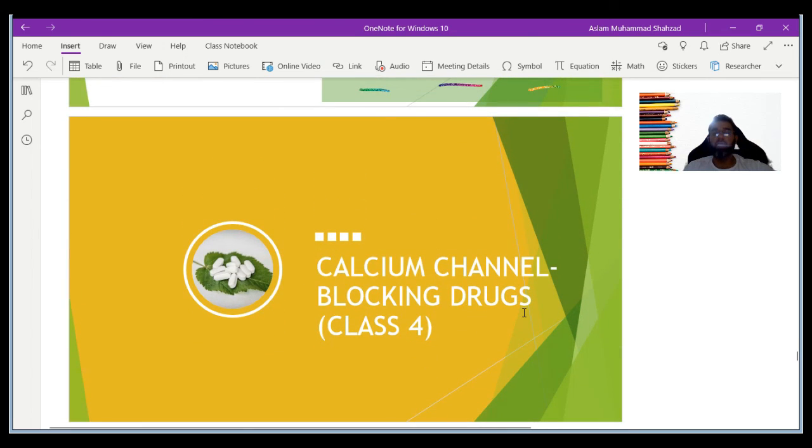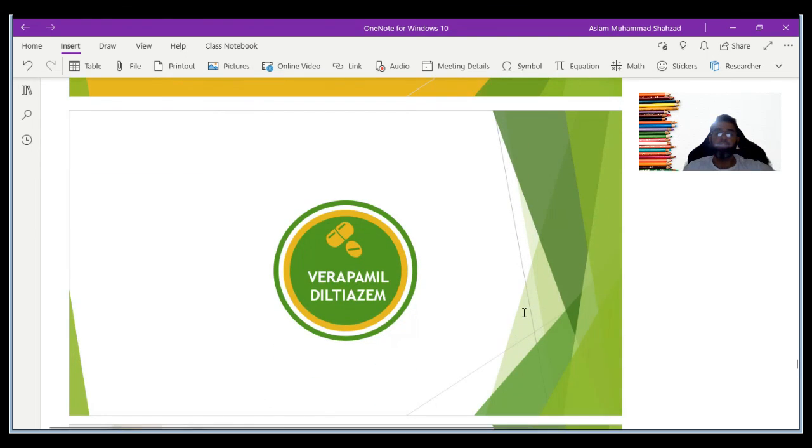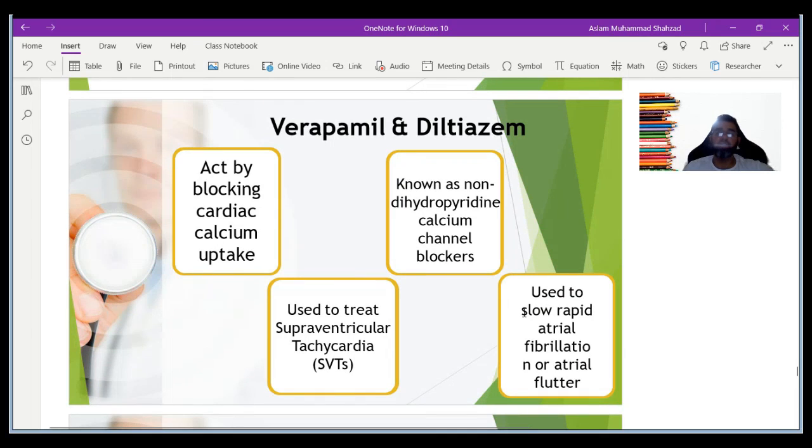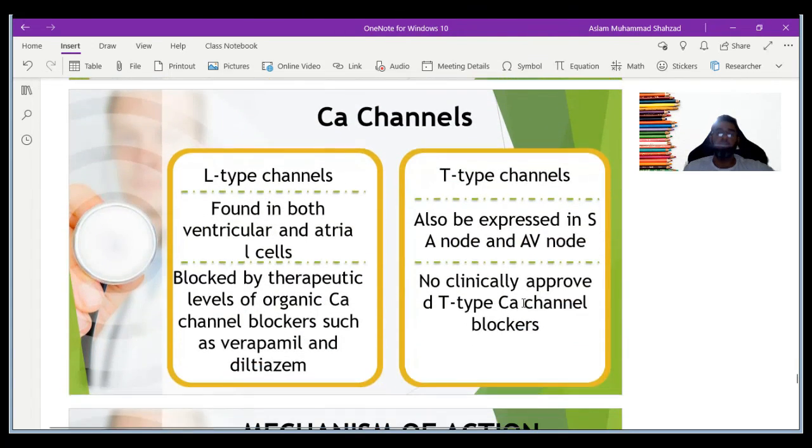When we discuss the calcium channel blocking agents which belong to class 4, the drugs are verapamil and diltiazem, and these drugs block calcium uptake. They are known as non-dihydropyridine calcium channel blockers. They are used for the treatment of supraventricular tachycardia and to slow atrial fibrillation and atrial flutter.